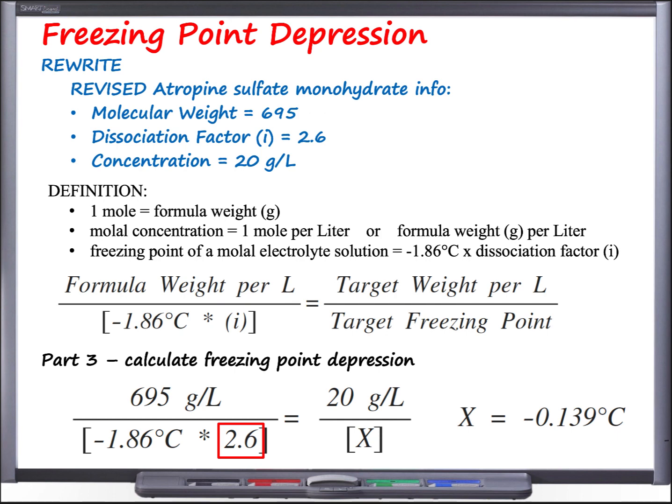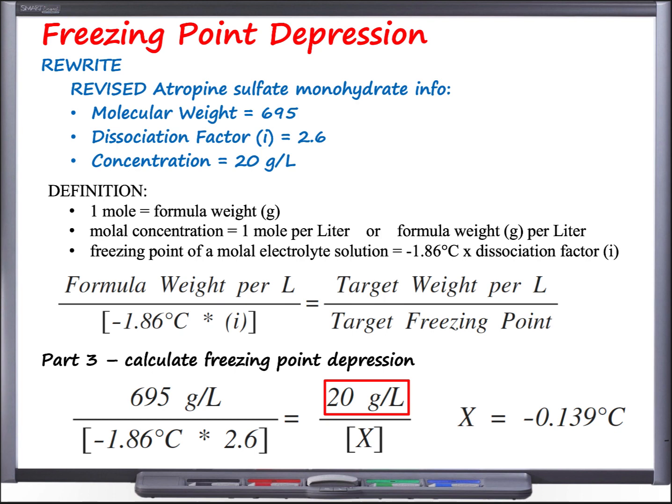All right, so we can set up that ratio. What we can now do is set that equal to the concentration we're actually interested in, which, remember, was 2%. But we said 2% is the same as 20 grams per liter. So now that's the target concentration we're interested in, expressed in the same units as the left-hand side with the 695 grams per liter. Okay, so that's our target, 20 grams per liter.